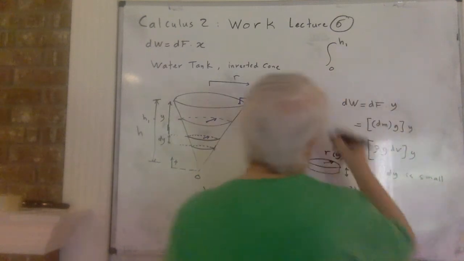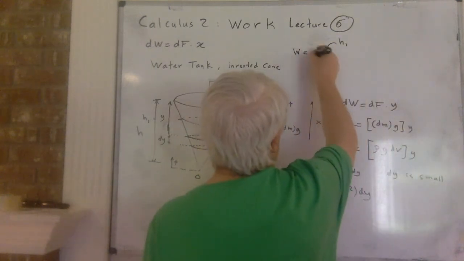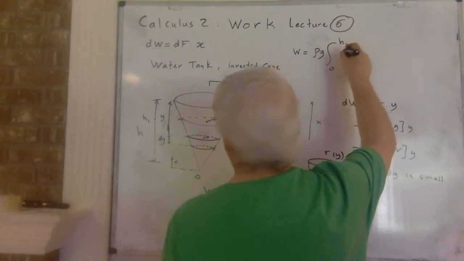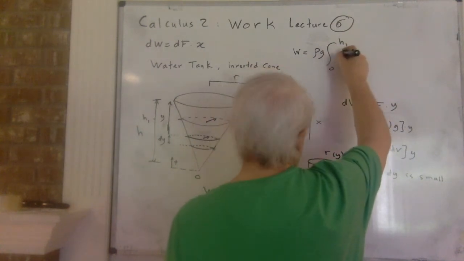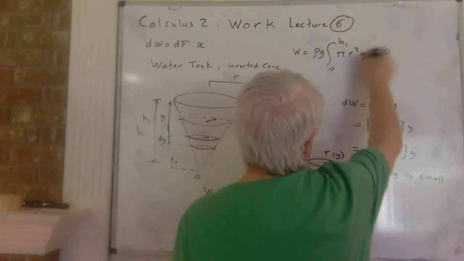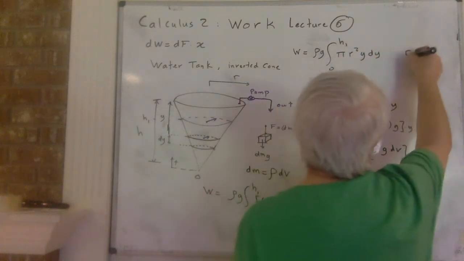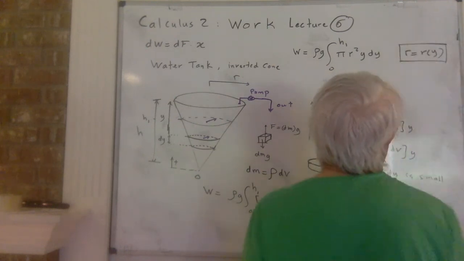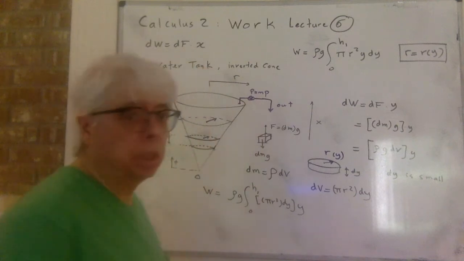Sometimes rho is not fixed, so you have to write rho inside. But anyway, let's assume it's fixed, and then it is pi r squared y dy. And r is a function of y. It's important.